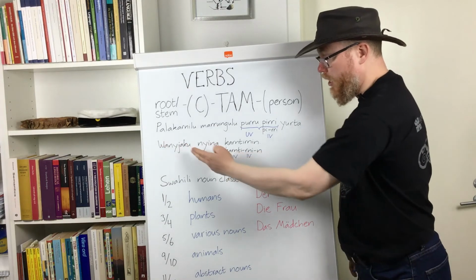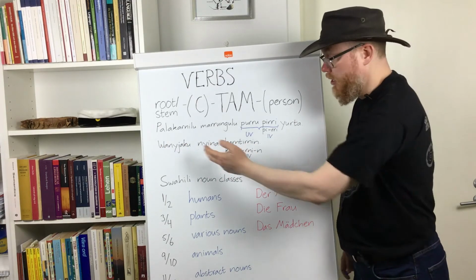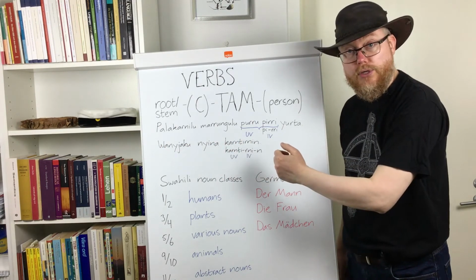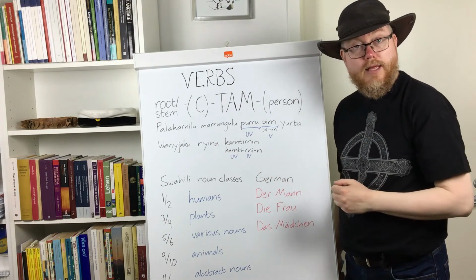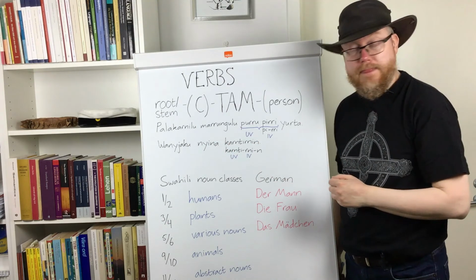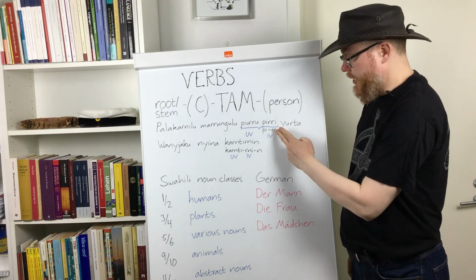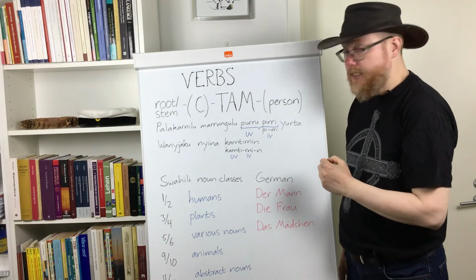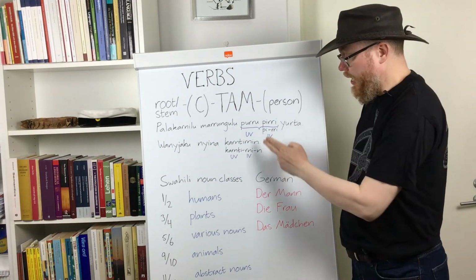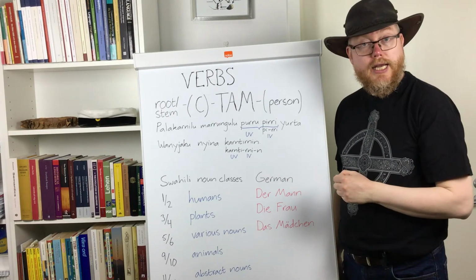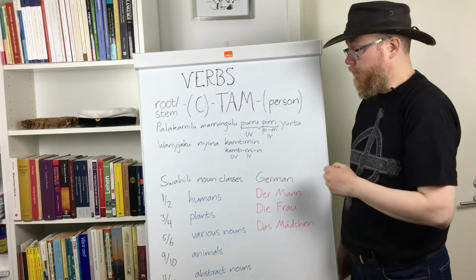And wanjago, the dog, Nina, you, kandinin, will bite. And we have the present tense here, as in is scaling, and the future tense here, will bite.